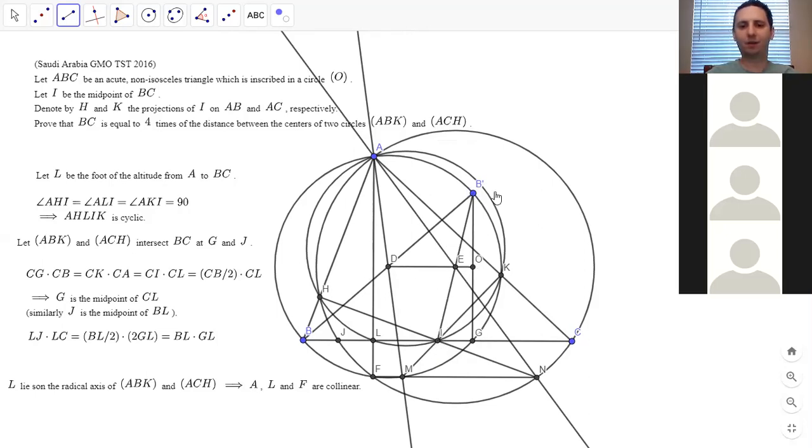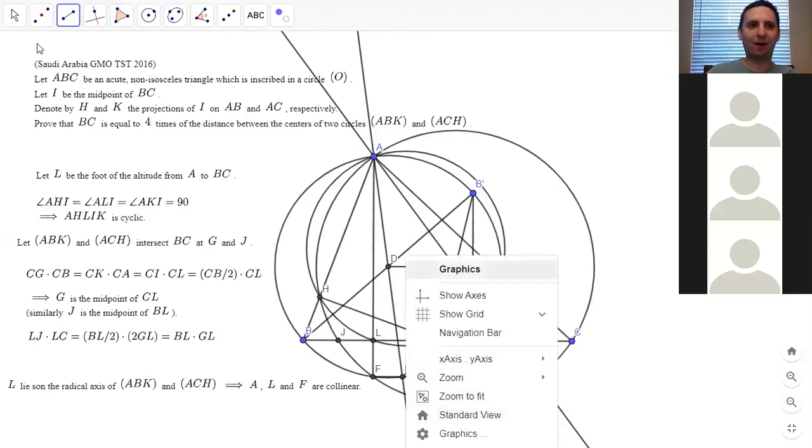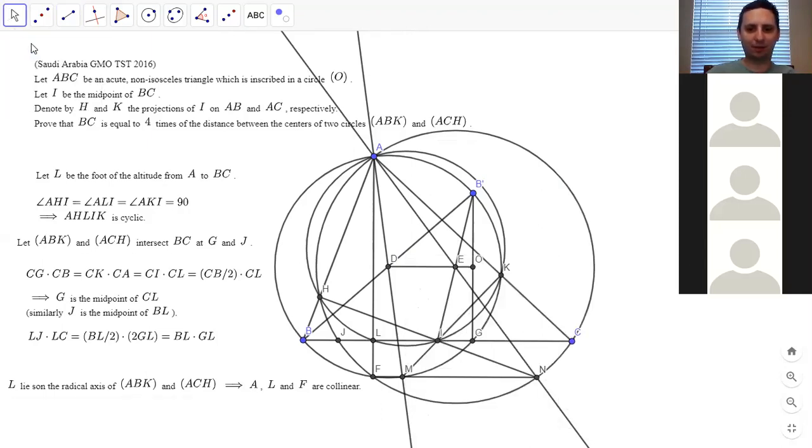So that means E is the midpoint of B prime I. So EB is half of BI, and that would solve the problem. So really, we have two ways to finish it. Both of them look pretty. I think the way that uses the parallelogram is more elegant than mine. Interesting. All right, I'll just leave that on the diagram just because I think it's interesting.